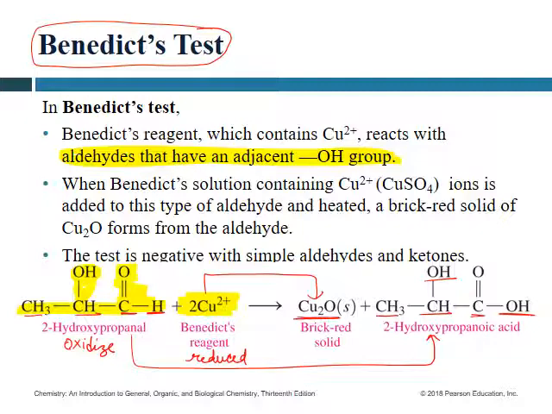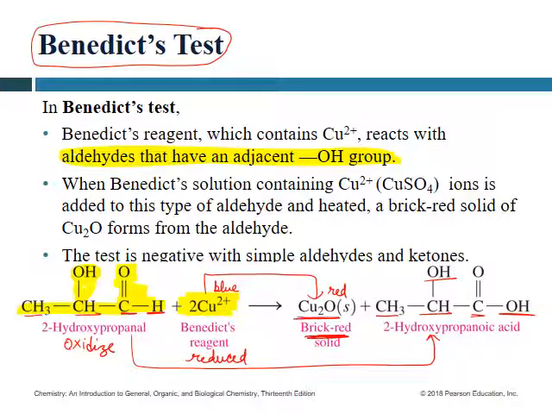And what happens in this case, the interesting thing, you can actually see it by eyes if the aldehyde is present, because the reagent changes color. So this copper 2 plus ion is blue in color, whereas copper oxide is brick red in color, like you see right here.